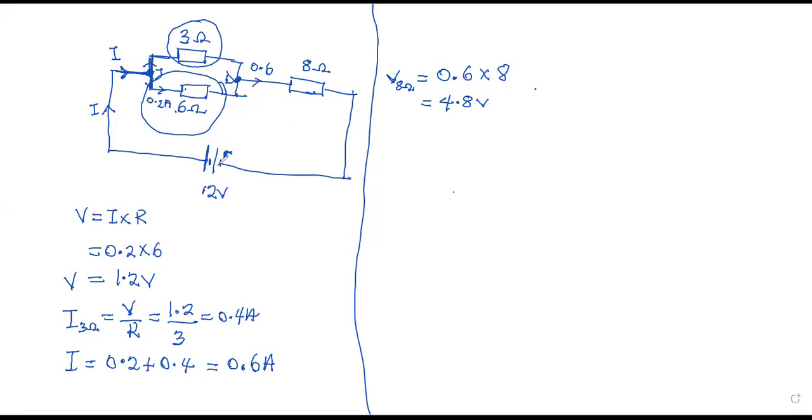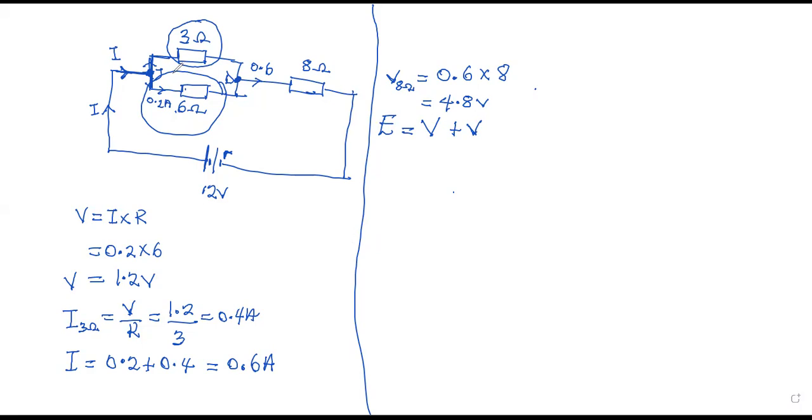This is what we term as the lost volt. So the EMF must be equal to the PD across the external resistance, which is the terminal voltage, plus the voltage drop across the internal resistance, which is the lost volt.